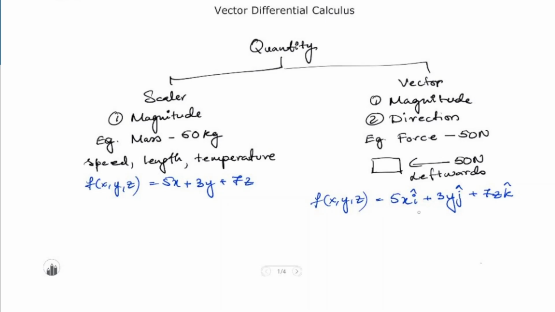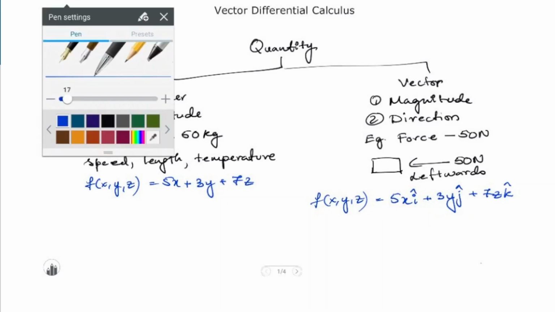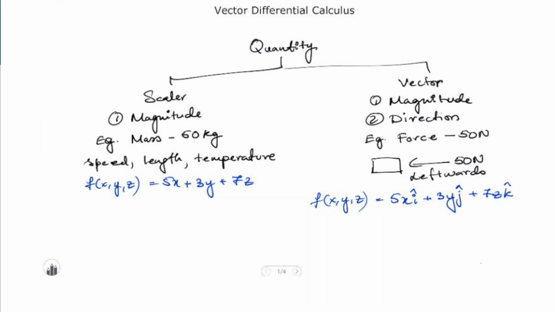Those over there are unit vectors. So the i cap, j cap, and the k cap, those are known as the unit vectors.